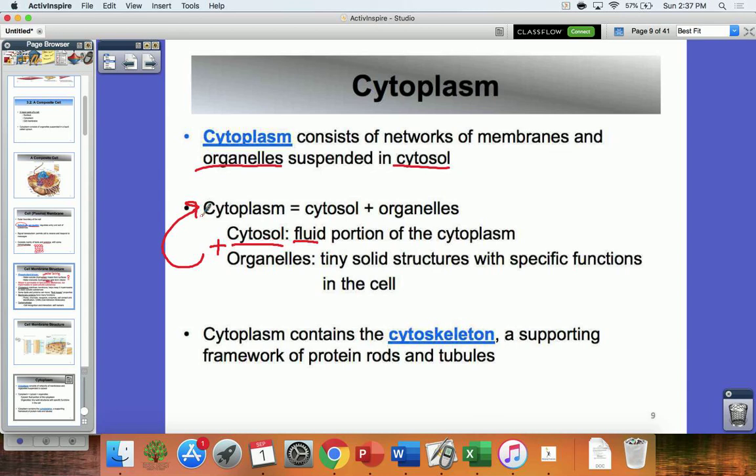Okay, and we're going to talk about all the organelles that are inside of that. And also within the cytoplasm, we have what we call a cytoskeleton. We'll talk about what makes up the cytoskeleton, but it's there to give it a bit of structure and a little bit of a framework so that things can move about the cell as needed.